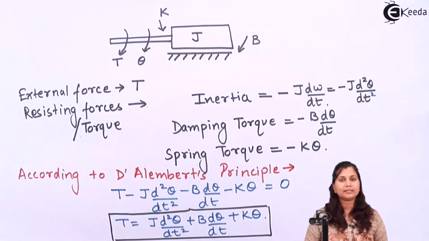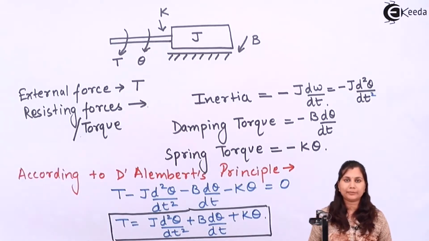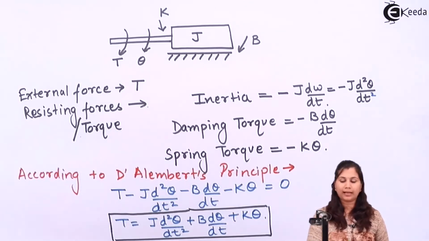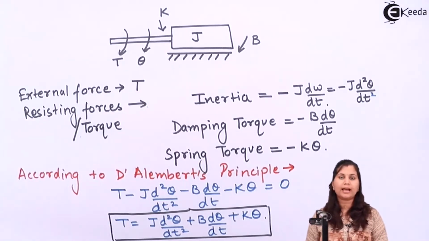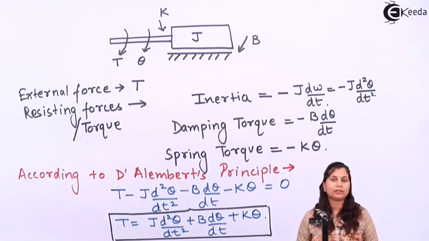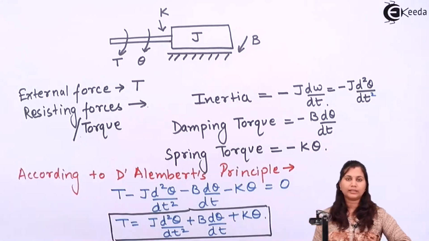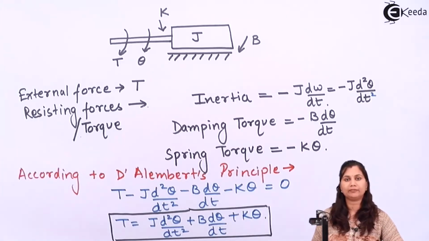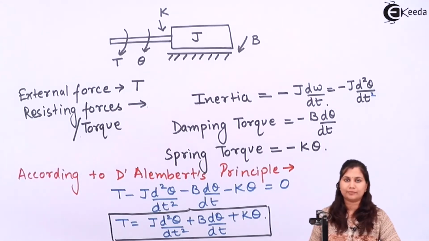And for all these elements, we have derived the mathematical representation or the equation, and after that we have considered a mechanical translational system and a mechanical rotational system, and for both of these systems we have derived the mathematical model. So this theory is going to help you to solve the questions where you have to derive the mathematical model of mechanical systems. I hope this topic is clear to you. Thank you.